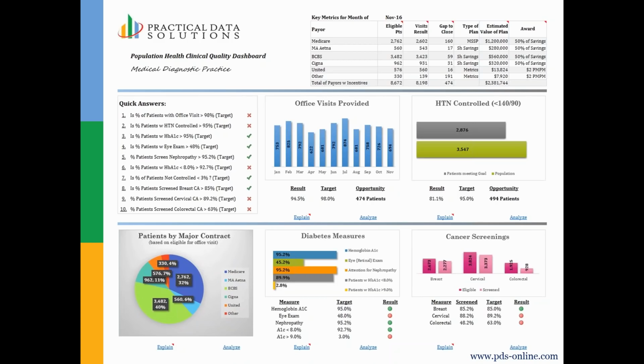My office visit gives me a good idea of volume, but it's also one of my indicators that I want to make sure that my annual wellness visits are done. And this says office visits, but it could just as easily be my annual wellness visits. Interestingly, more of the insurers are asking for outcome data. So is my hypertension controlled?